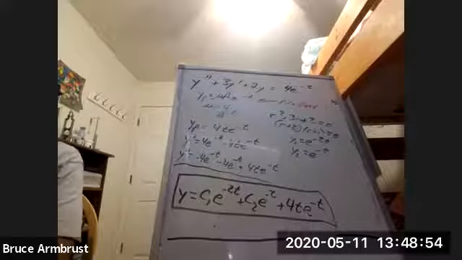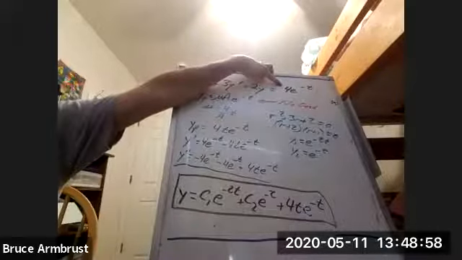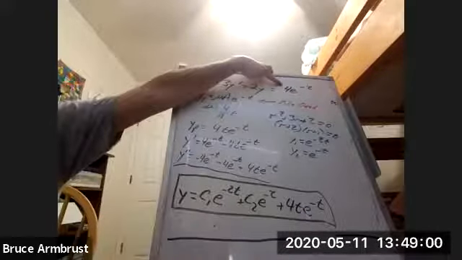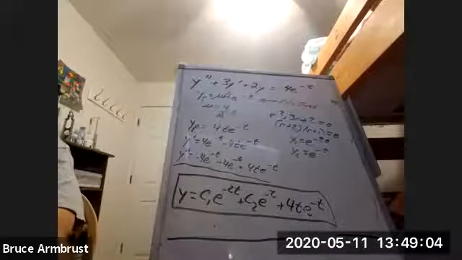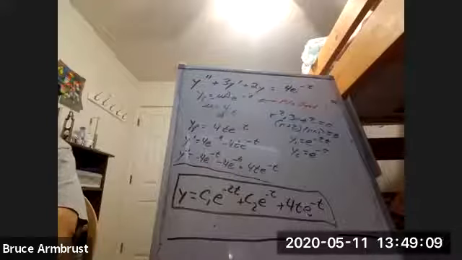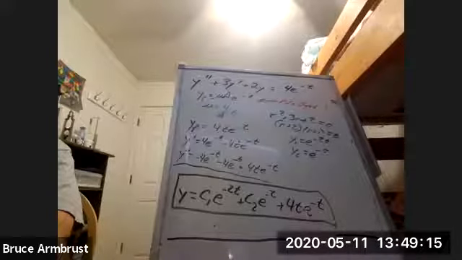And that was because the goal, what we were looking for over here, had in it a multiple of one of the fundamental set, which immediately rules that out as a possible y particular. It just will not work.